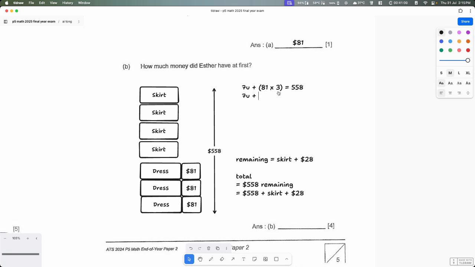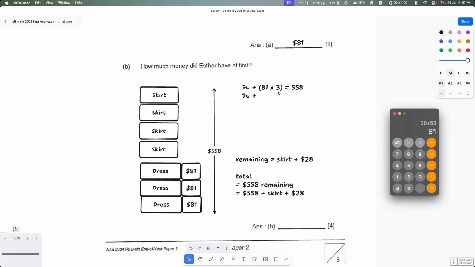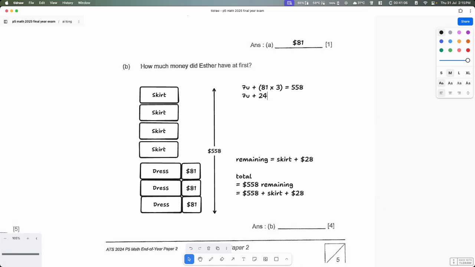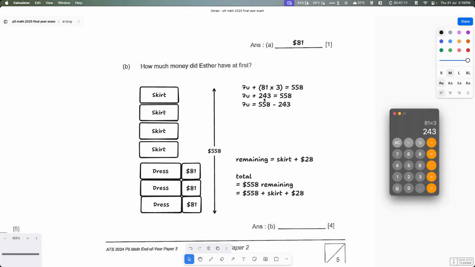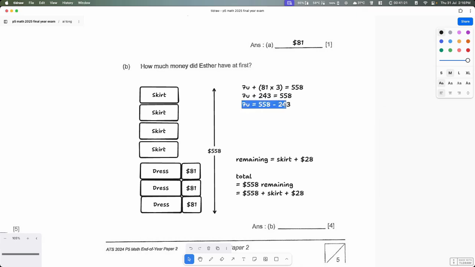81 times 3 is 243. Let me double confirm with my calculator: multiply by 3 and this gives 243. So 7 units is equal to 558 minus 243, which gives us 315.